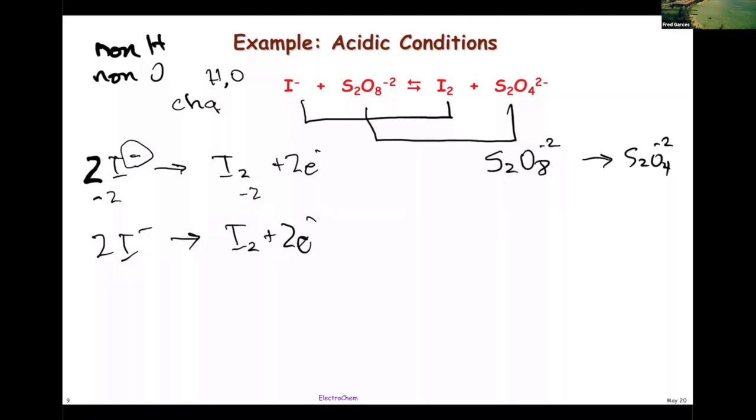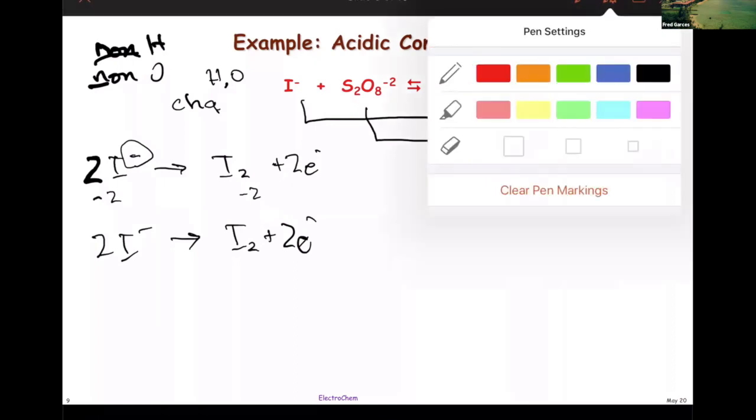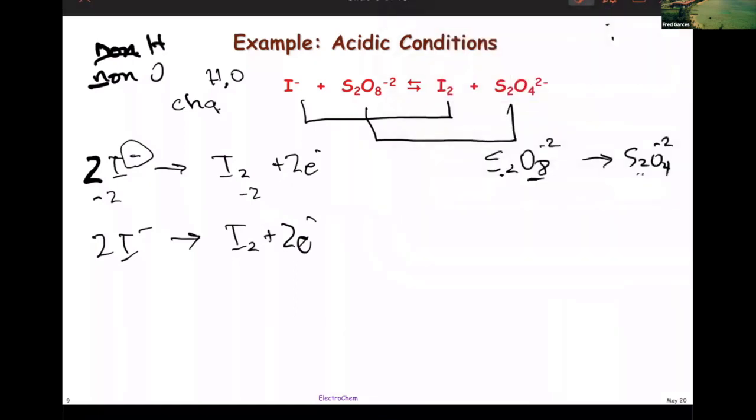Let's take a look at the second half. 2 sulfurs. Again, non-hydrogen and non-oxygen elements first. 2 sulfurs, that's balanced. Let me just clear this real quick because I need space so that you guys can see this. So let me write this again.